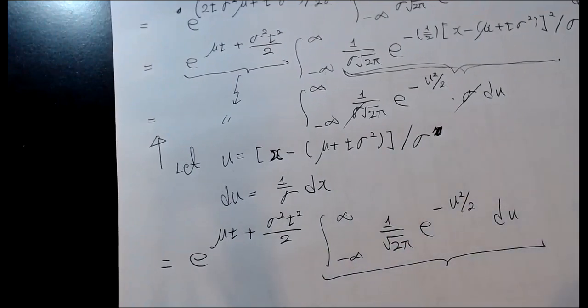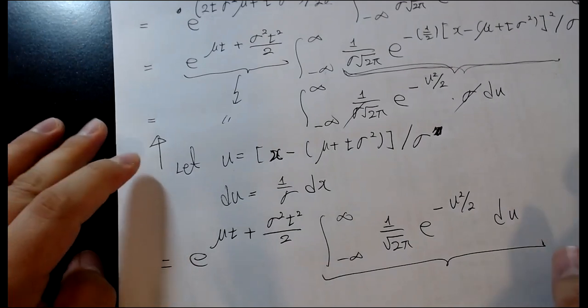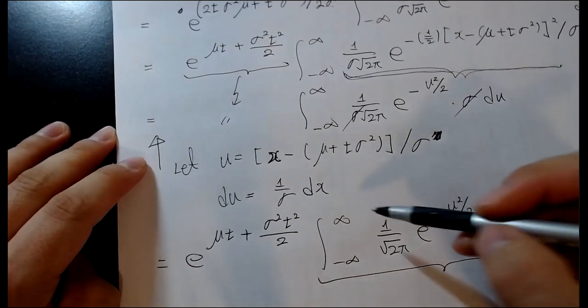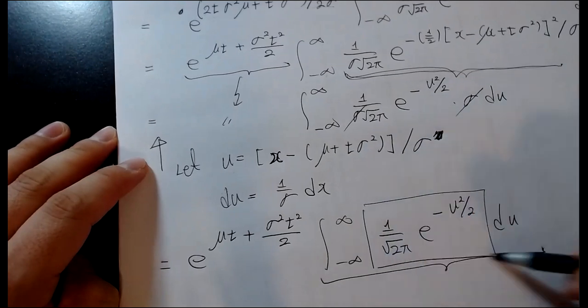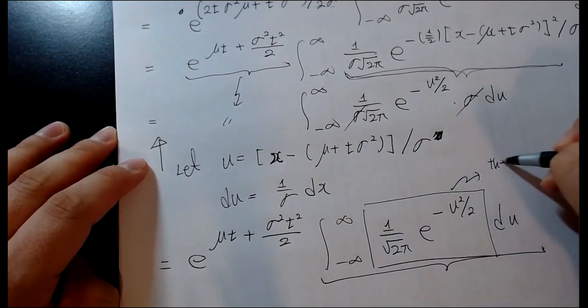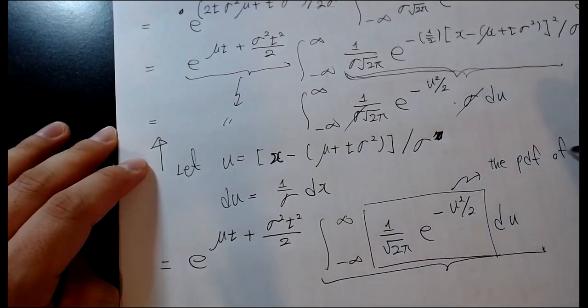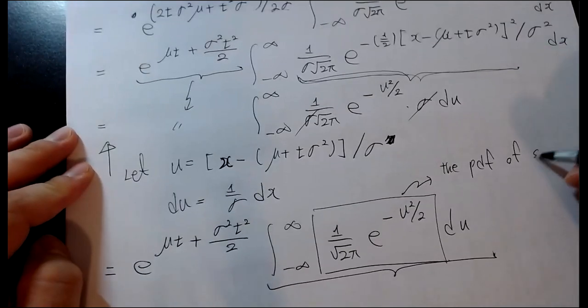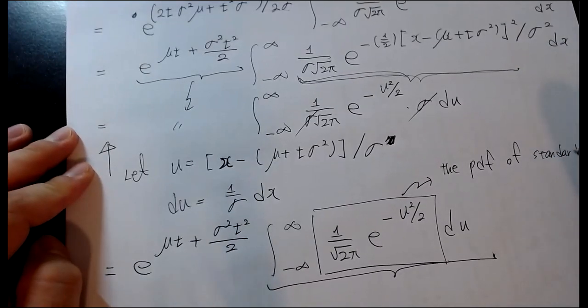That's exactly the same as the PDF of the standard normal distribution. Okay, and then I mean, sorry, this is exactly the same as a PDF. This is the PDF of the standard normal distribution.